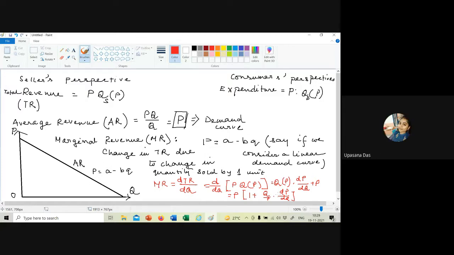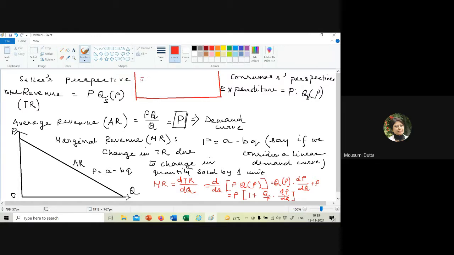So are you getting something close to elasticity of demand? Yes, ma'am. That is 1 by E. Very good. This time we are getting 1 upon E because E is dQ by dP into Q by P. So I am writing here what I am getting.